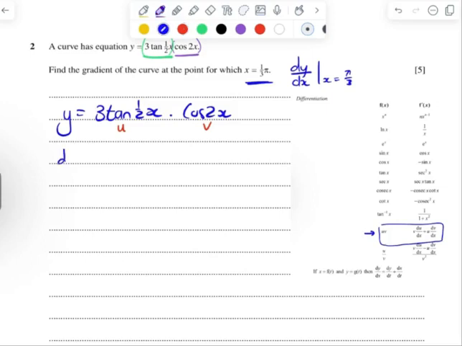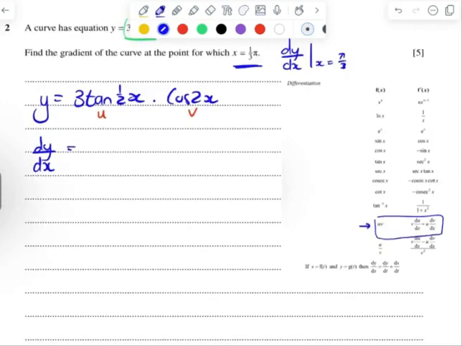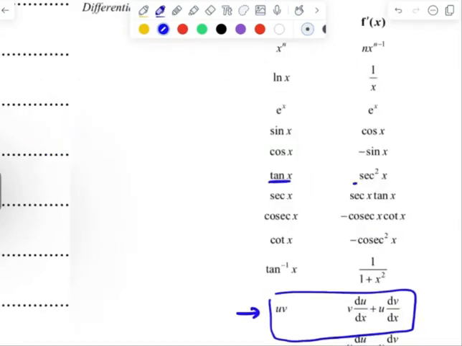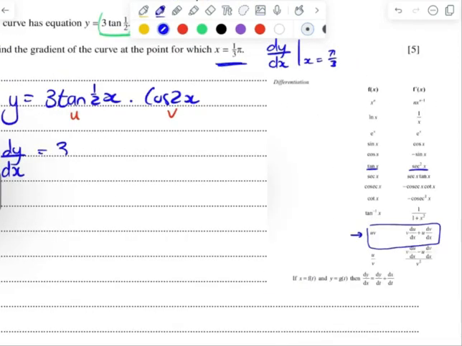That is the same as saying, what I'm going to do is first differentiate my first function, so 3 tan half x. The derivative of tan is sec squared. It's going to be 3 sec squared, and then I keep my inner function.